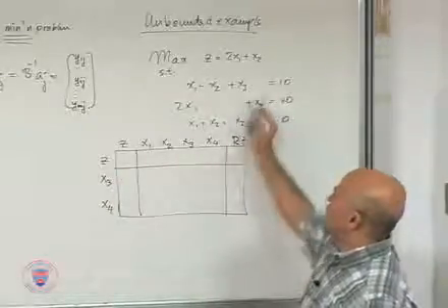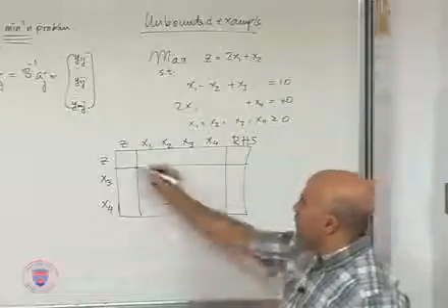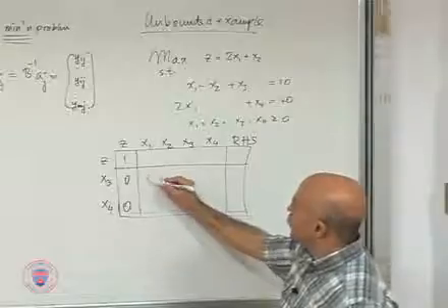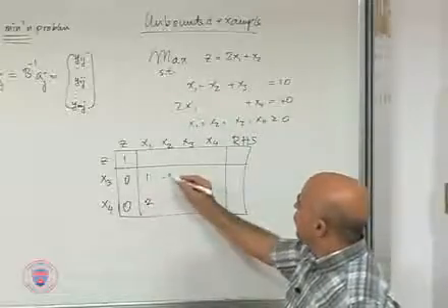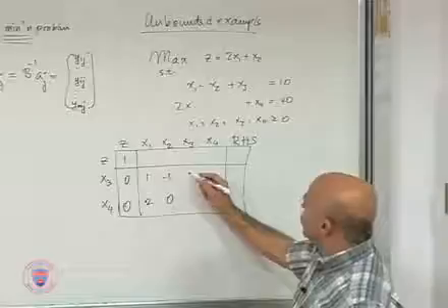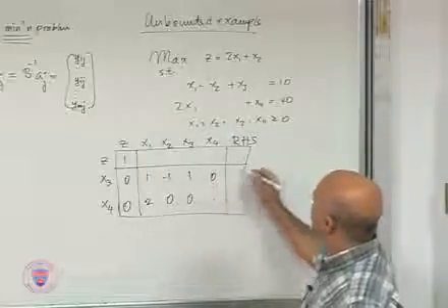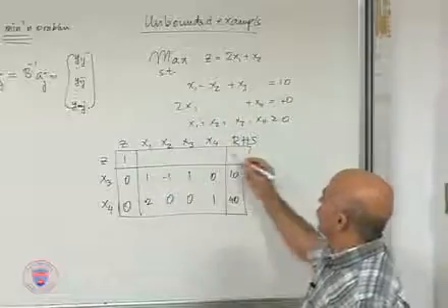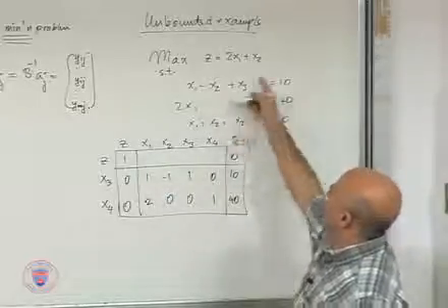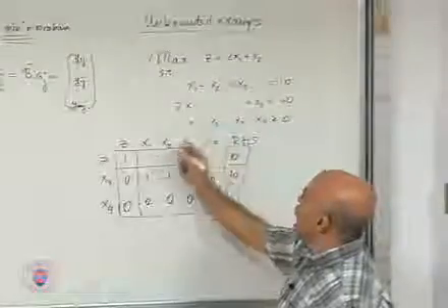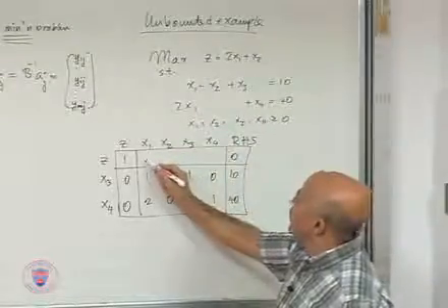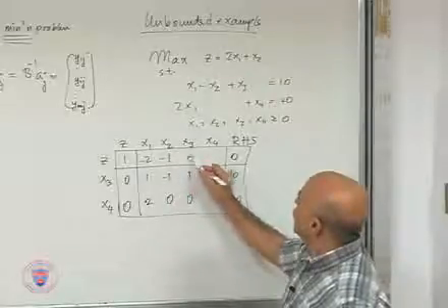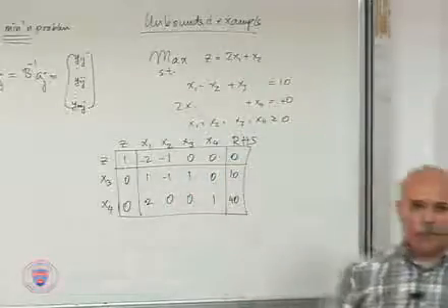The identity matrix is my initial basis. So we have simply the original problem coefficients in the tableau. And the row 0 equation is simply the negative of what you have in the objective function. That's it.